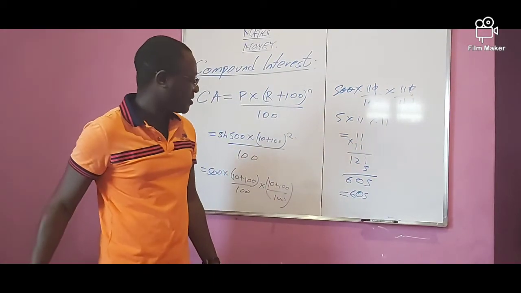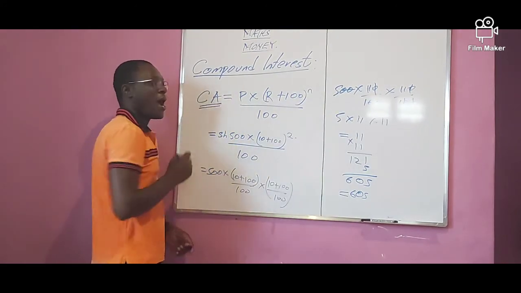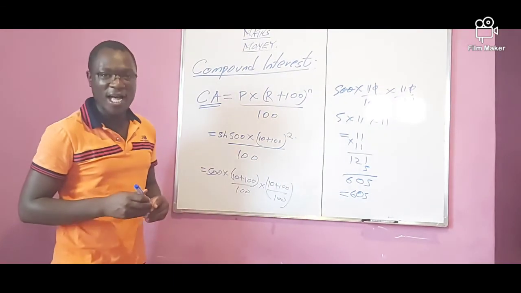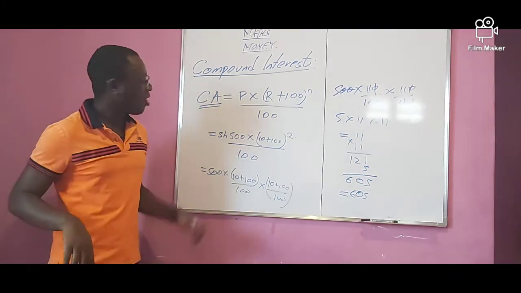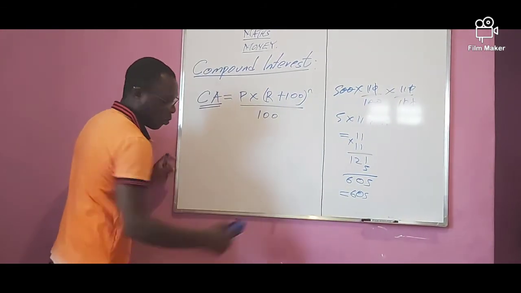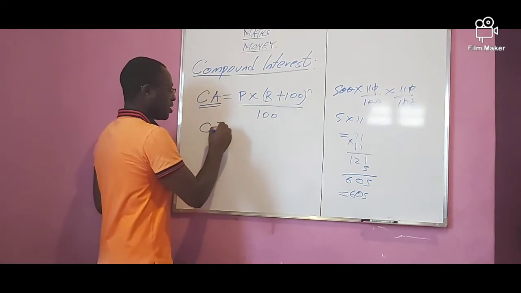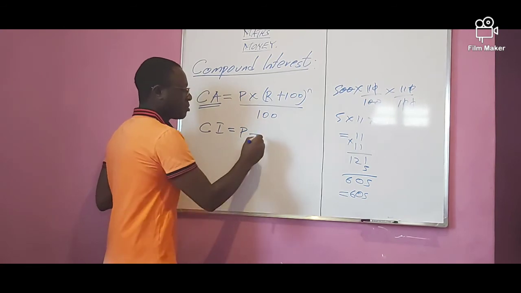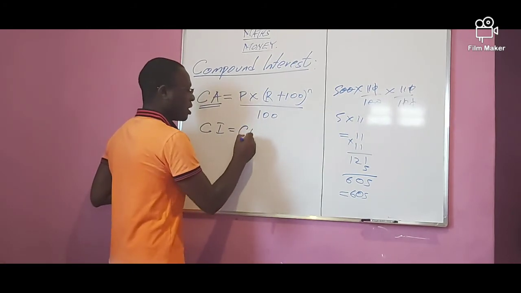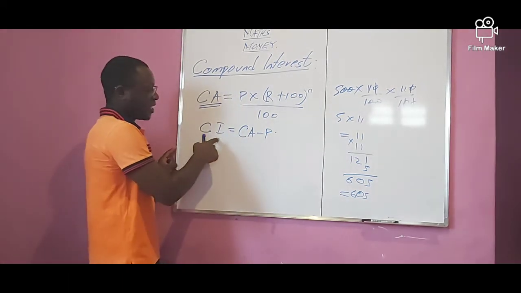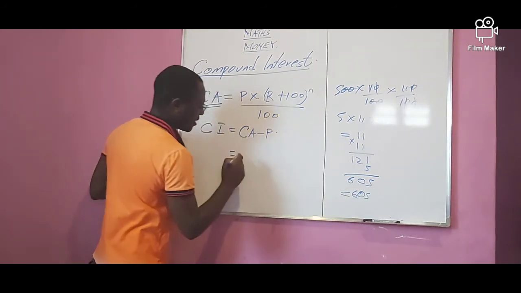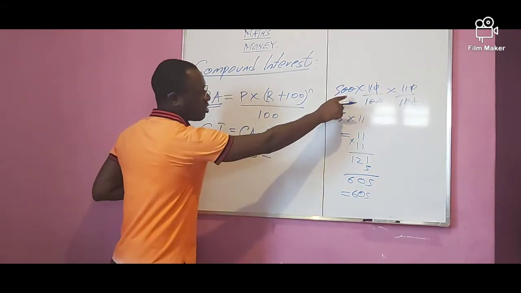Now 605 is the compound amount. If you're asked what the compound interest is, compound interest will be compound amount minus principal, which is equal to compound amount we have found, 605, minus principal, which was 500.